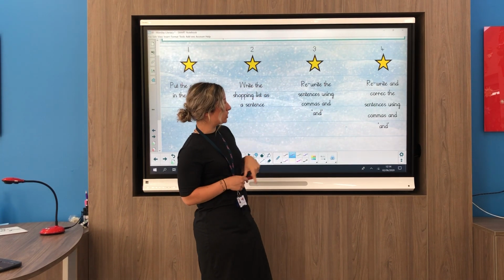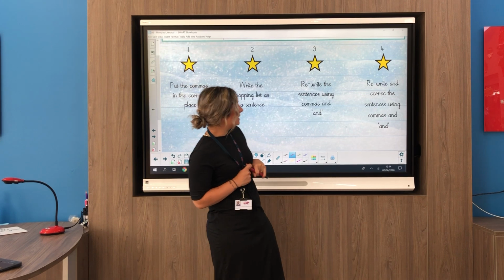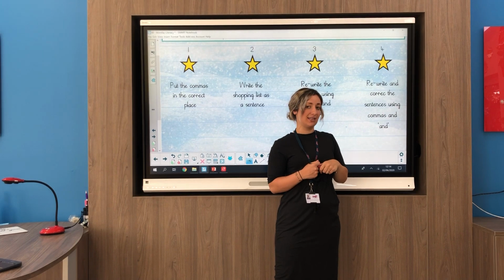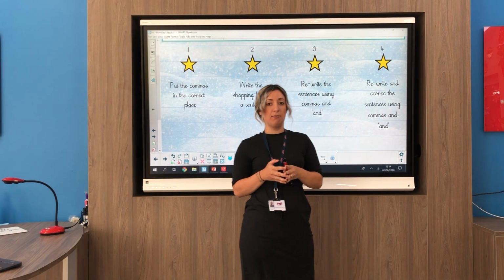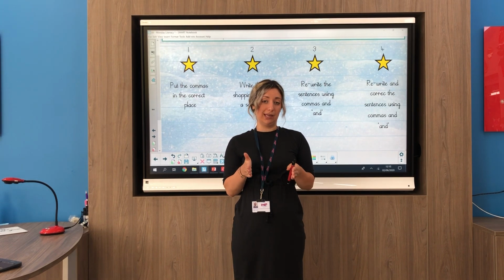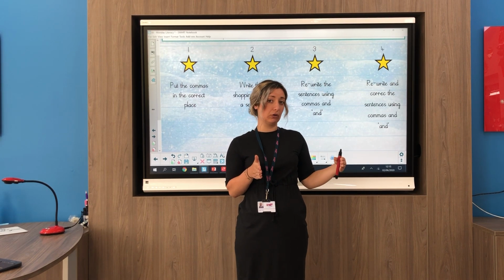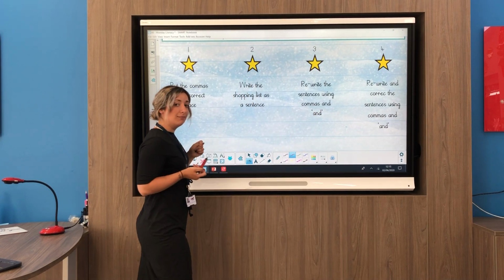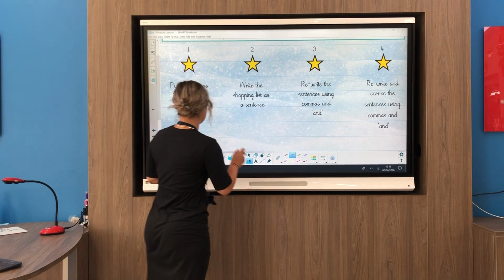And your 4 star, you're going to rewrite the sentence, but you're also going to be adding in commas where needed. It might not be to separate the adjectives, it could be to separate your main clause from your subordinate clause. For example, for the 4-star, you might be saying that you're going shopping on Sunday.